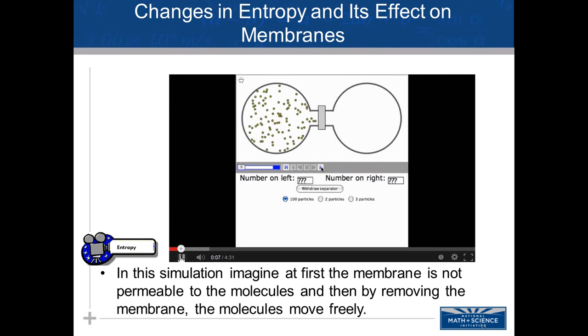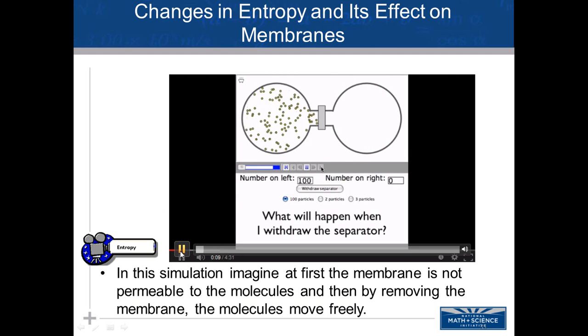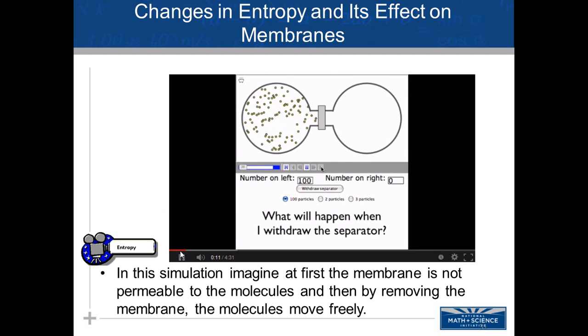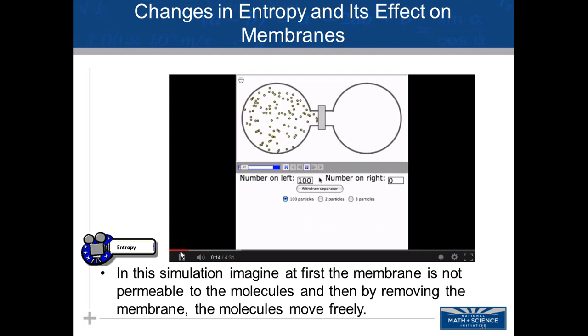All right, so here's an example of what happens in diffusion. We're going to remove the barrier. Watch what happens with the diffusion of the molecules. We started off with 100 on the left-hand side. You can see molecules are moving in both directions, but the net movement is from the left-hand side to the right-hand side.